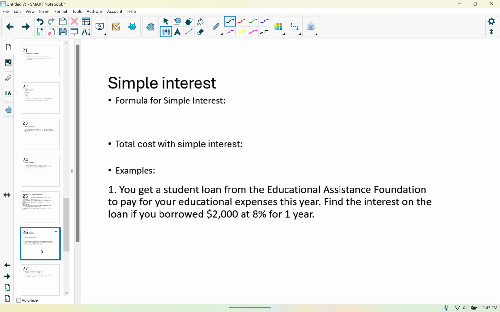So for simple interest, we looked at this formula already, we find it by doing I equals PRT. And I stands for the interest. P stands for the principal, which is the original amount.